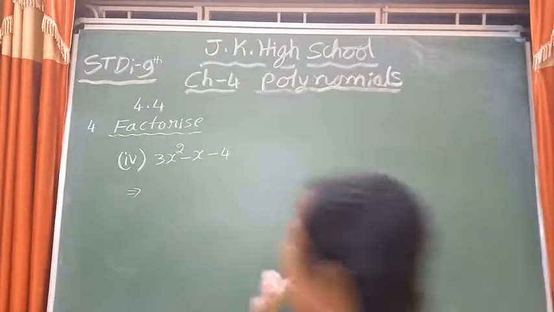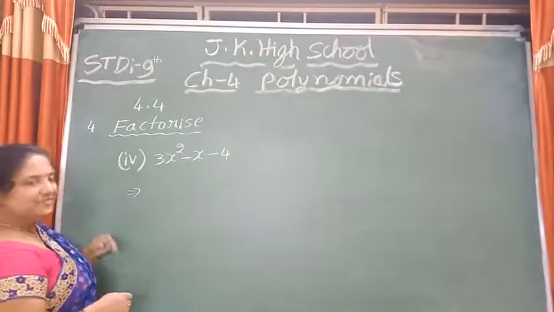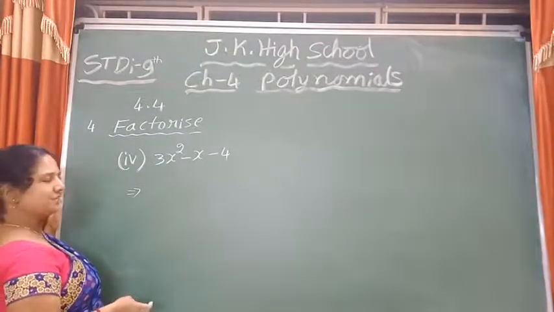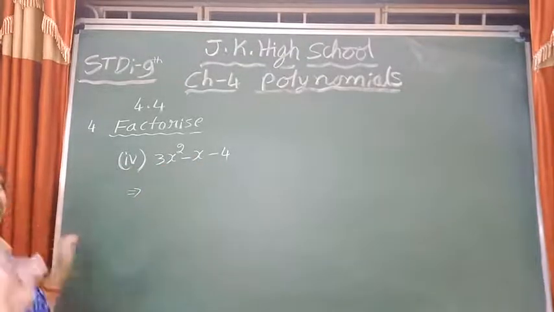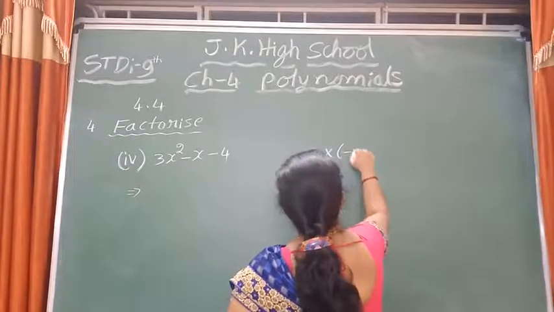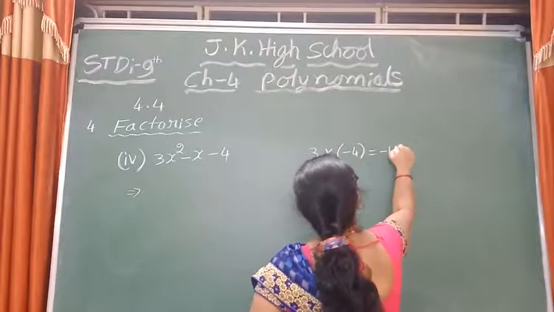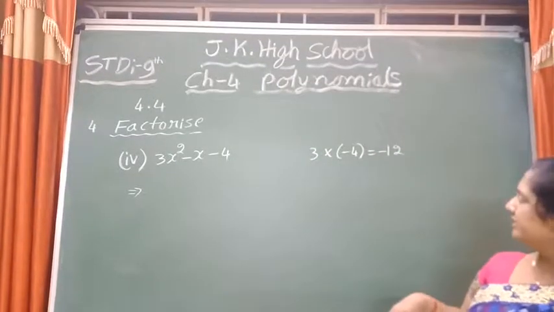Children, I am going to continue with the fourth sum. Factorize 3x square minus x minus 4. Now here 3 is there, here minus 4 is there. Multiply both, 3 into minus 4. So you will get minus 12. Be careful about the sign. When you multiply, you should get minus 12.